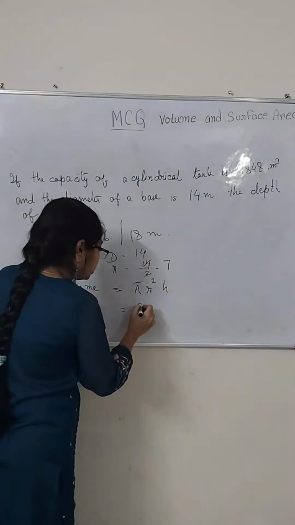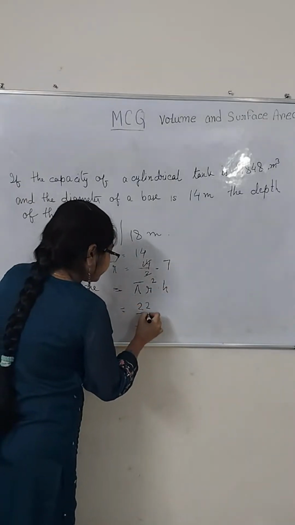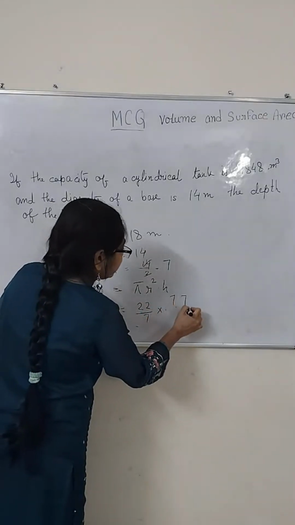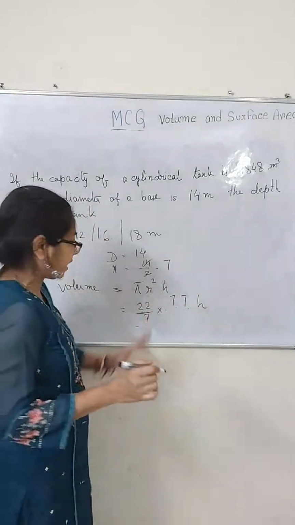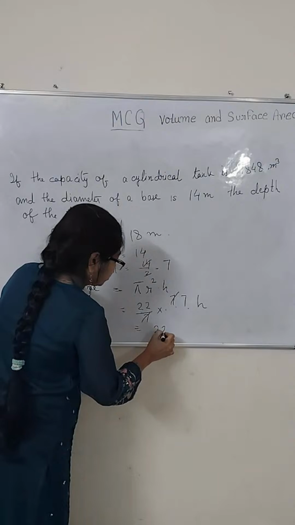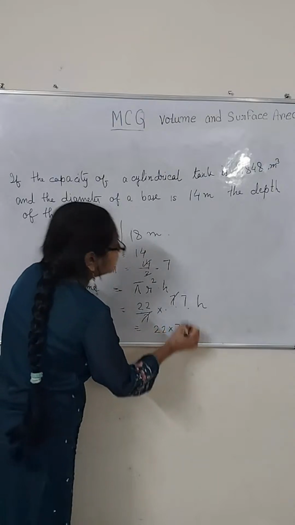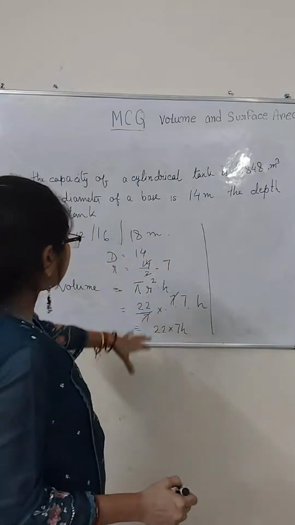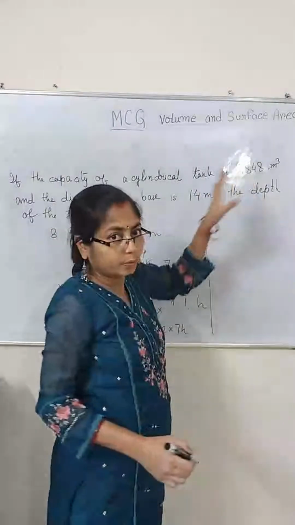Pi means 22 by 7. R means 7 into 7. H you do not know, you write H. So 22 into 7 H. Now what they are telling, this volume and this volume are same.